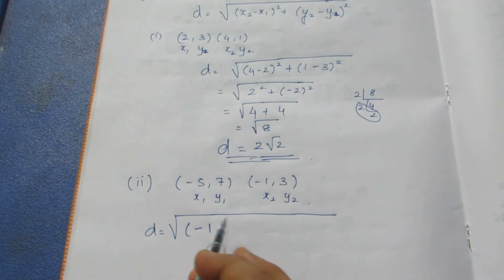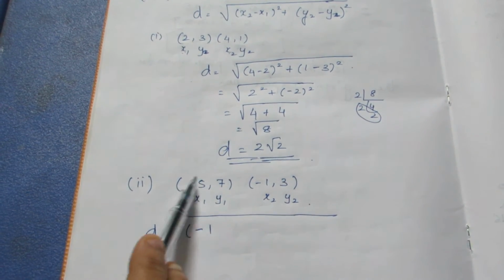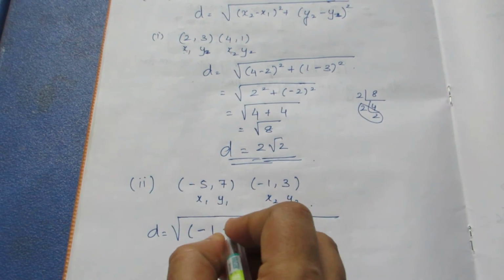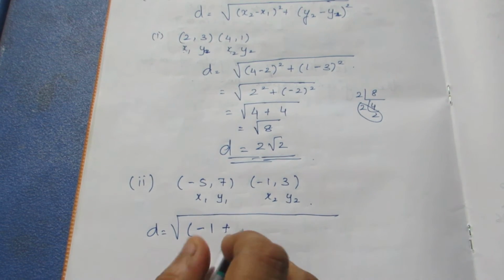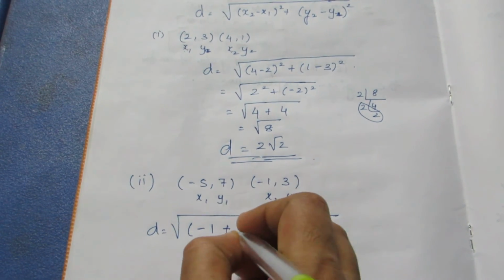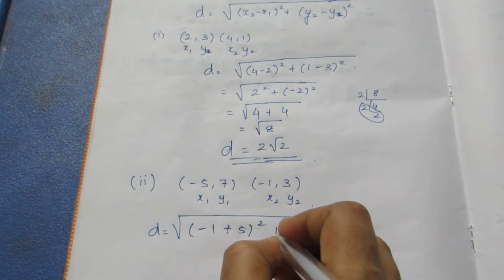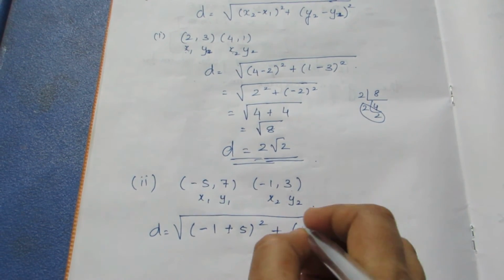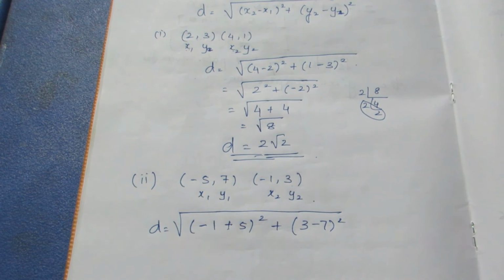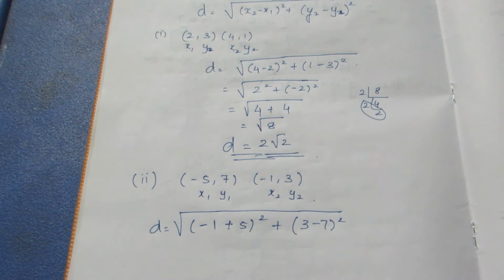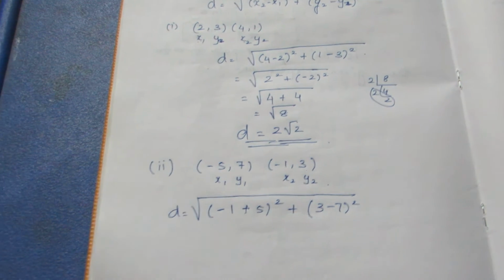So minus 1, if in the second one you have a negative sign, write it to be plus. Minus of minus will become plus. For every second number, change the sign. If minus is given, just write the plus. If plus is given, write it as minus. Here 3, here plus is given, so I write it as minus. This is a fast way of writing the numbers because there is a minus in between.